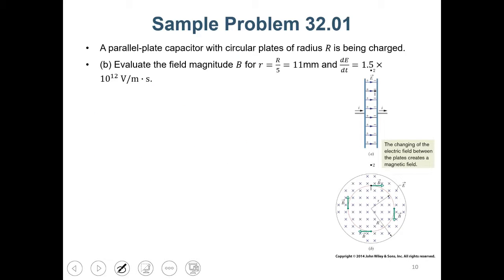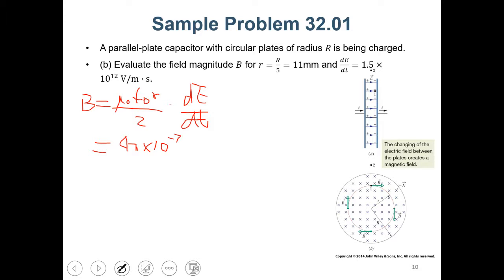Okay, next evaluate the field magnitude B for the given values. So we just substitute all the values in: mu 0 epsilon 0 r over 2 dE/dt. mu 0 is 4 pi times 10 to the minus 7. Epsilon 0 is 8.85 times 10 to the minus 12.